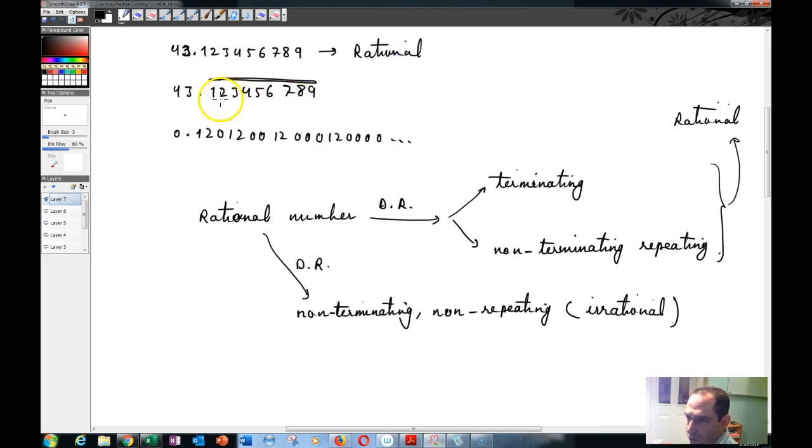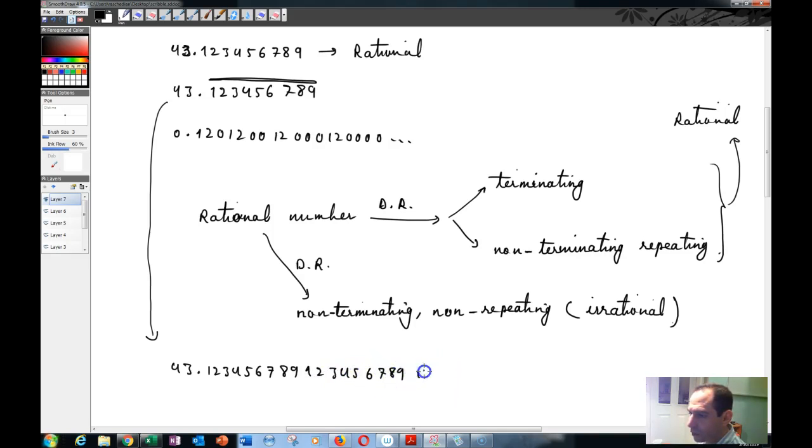This other number has a non-terminating decimal representation, meaning that if you wrote it down, it would be 43.123456789, again 123456789, again 123456789, and so on and so forth.